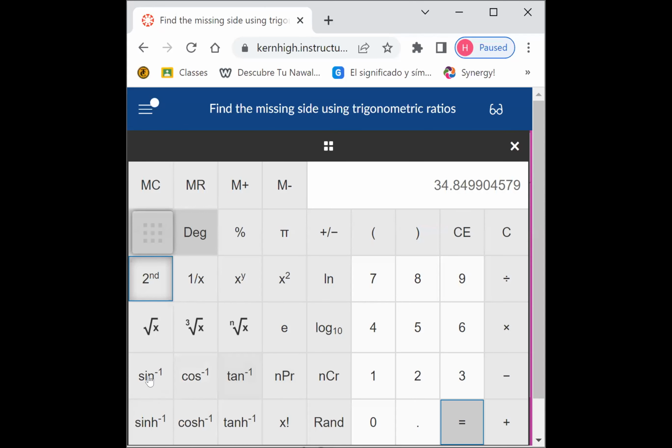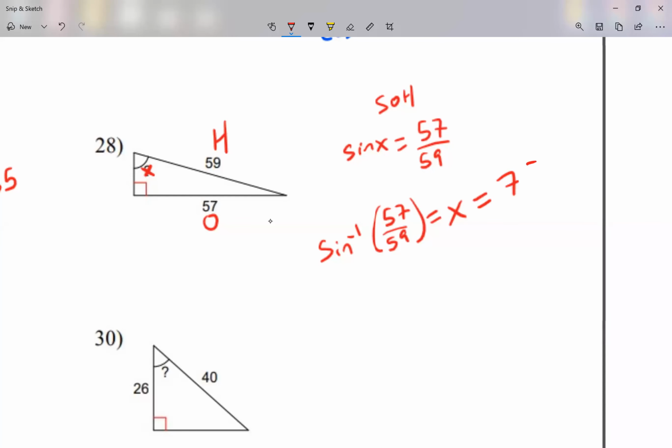Let me type this in. So clear this out. Sine inverse of 57 divided by 59 is equal to 75.0. All right, so rounding it to the nearest whole number, I'm going to say 75.